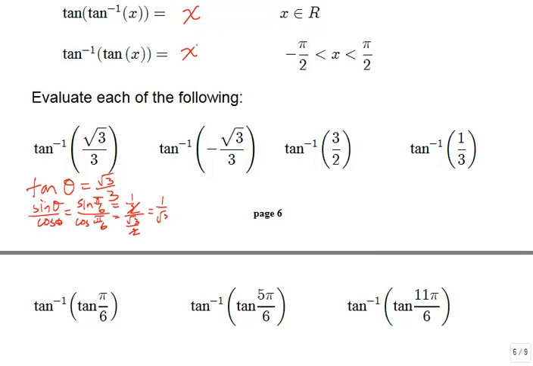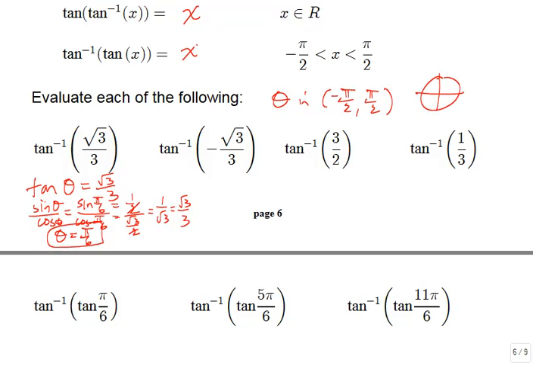You get 1 over root 3, and when you rationalize that denominator, that's what gives you that root 3 over 3. So the angle that we're looking for here is pi over 6, and it needs to be that quadrant 1 pi over 6, because here our theta has to be between minus pi over 2 and pi over 2. So in this region here or this region here, quadrants 1 or 4.